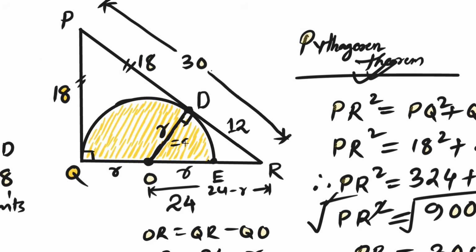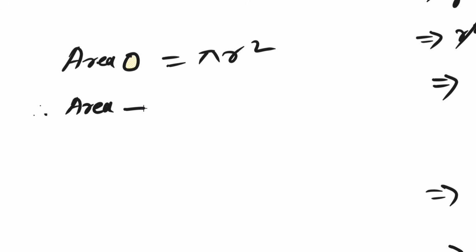Now we have everything we need to calculate the shaded area. Remember, the area of a complete circle is pi multiplied by r squared. But we only have a semicircle, which is exactly 1/2 of a full circle. Therefore, the area of the semicircle equals 1/2 multiplied by pi multiplied by r squared.